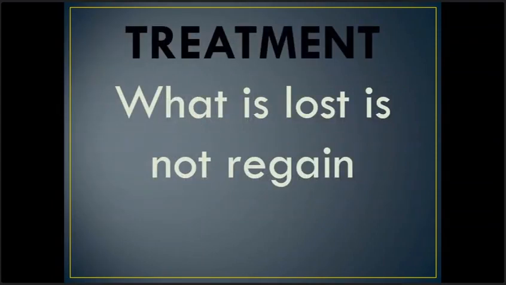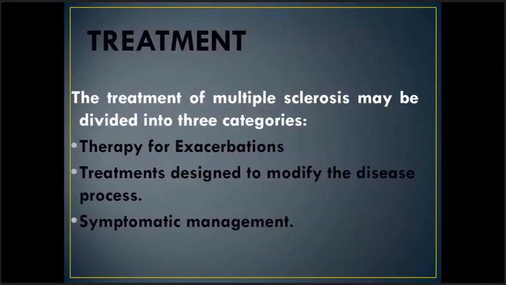Now we reach the treatment. We should treat those patients as early as possible, because what is lost is not regained, definitely. Treatment. The treatment of multiple sclerosis is defined into 3 categories.